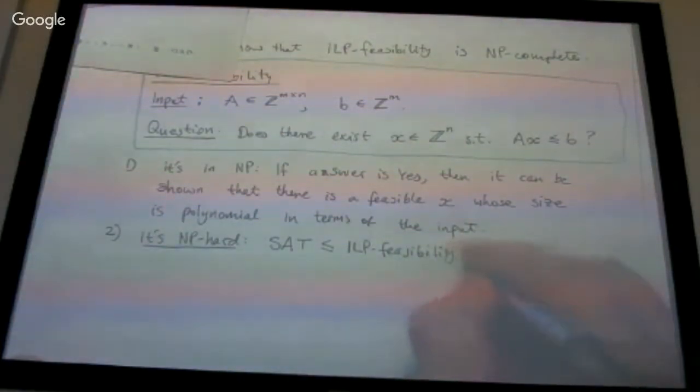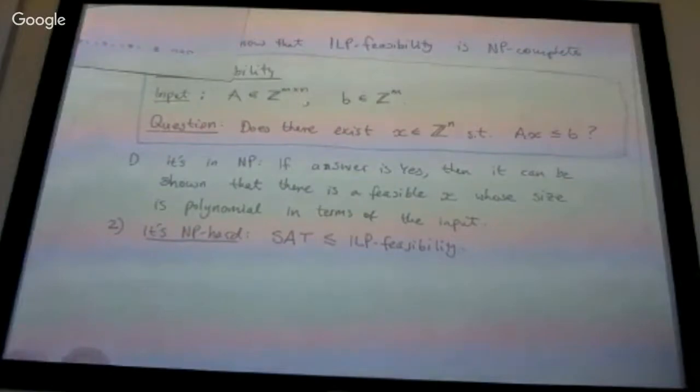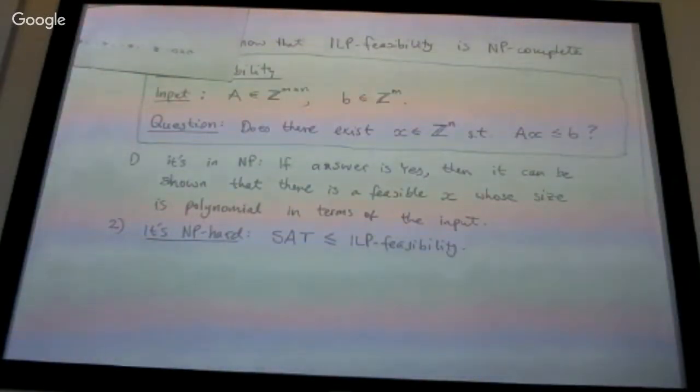Okay, so what we need is an algorithm that takes an input to the SAT problem and spits out an input to the ILP feasibility problem. And so what is the input to the SAT problem? It's a CNF formula, a conjunctive normal form formula.